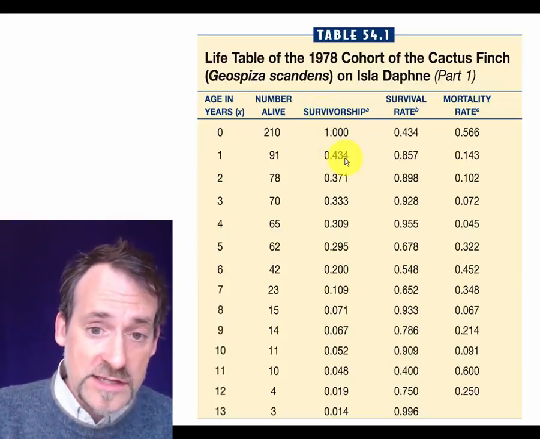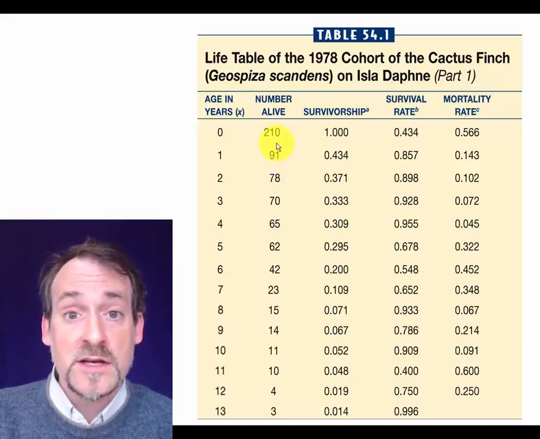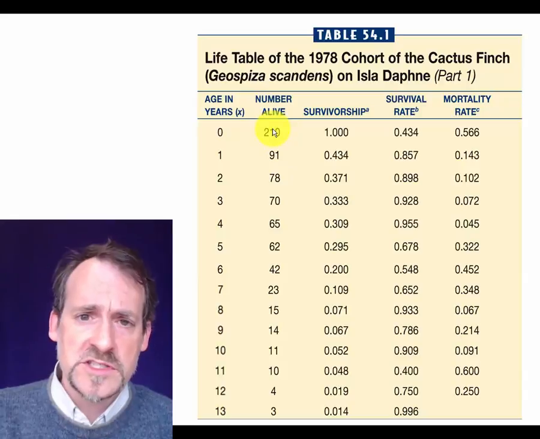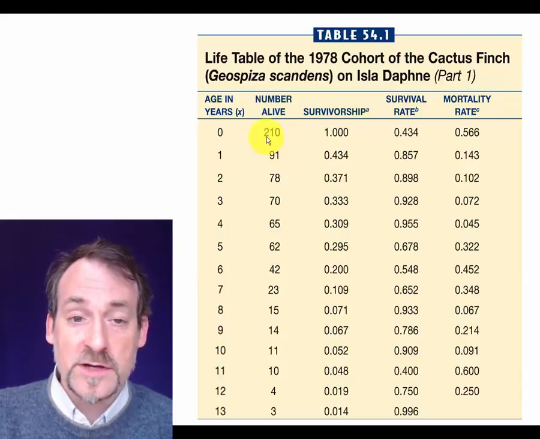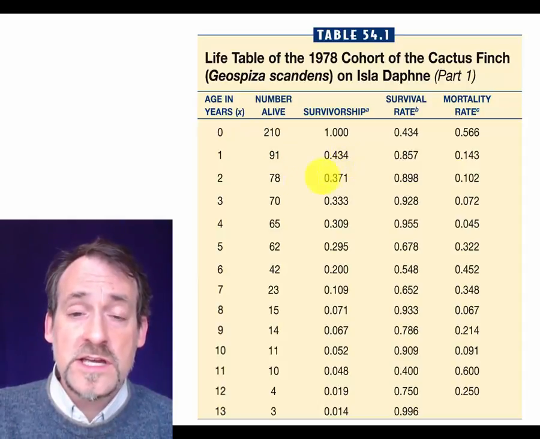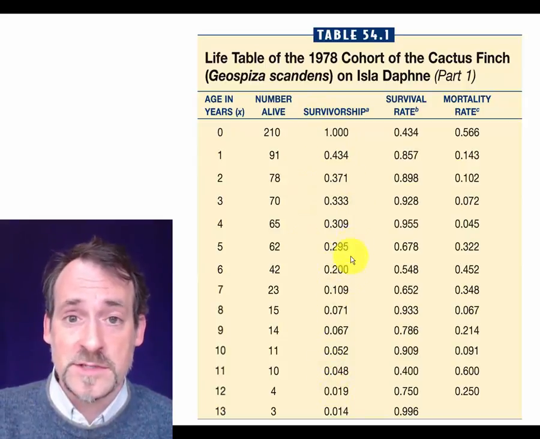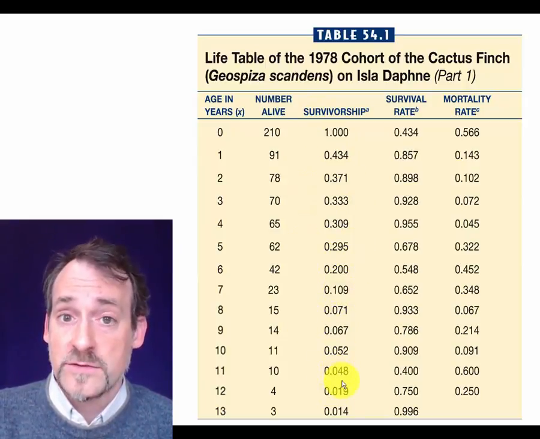If you needed to calculate that, you'd simply divide the number of individuals alive at age 1 by the number of individuals that were originally in that cohort. So 91 divided by 210 is 0.434. You can keep on calculating survivorship values for every age that some individuals are still alive.